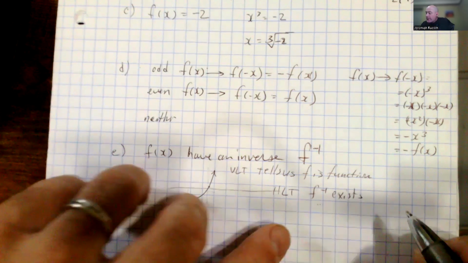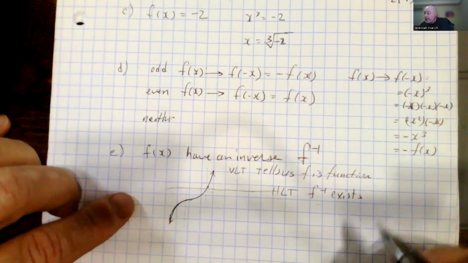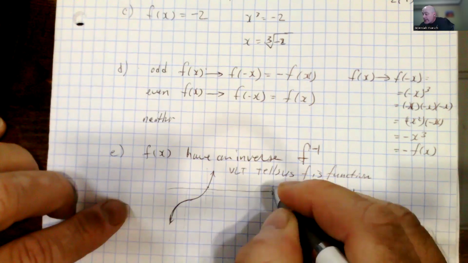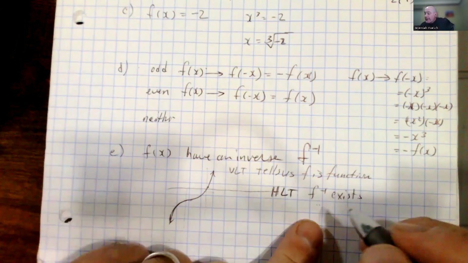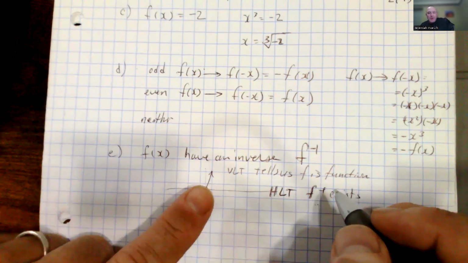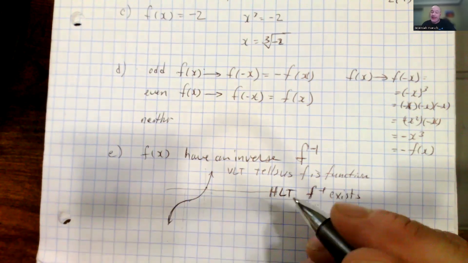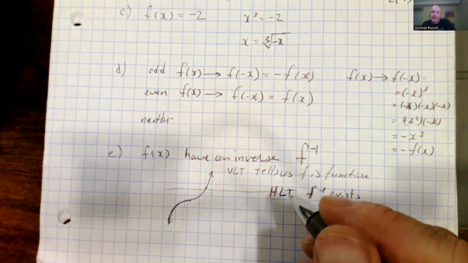So we have to apply the horizontal line test to our function to determine whether or not the inverse exists. Mathematically, what this is saying is that the function is 1 to 1. So if the function is 1 to 1, then we would say that the inverse exists.